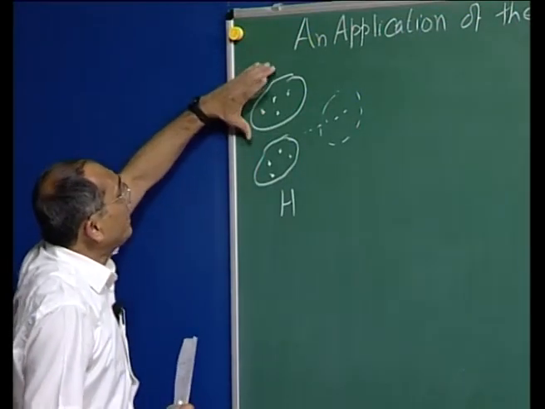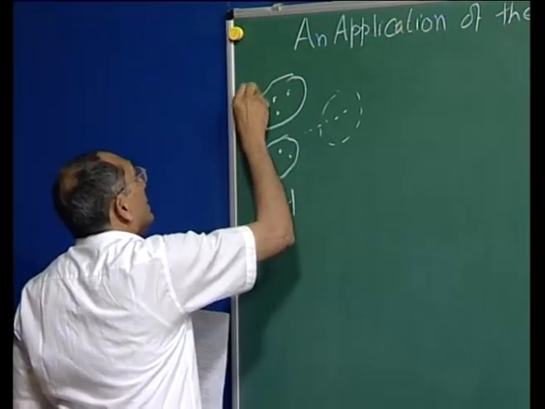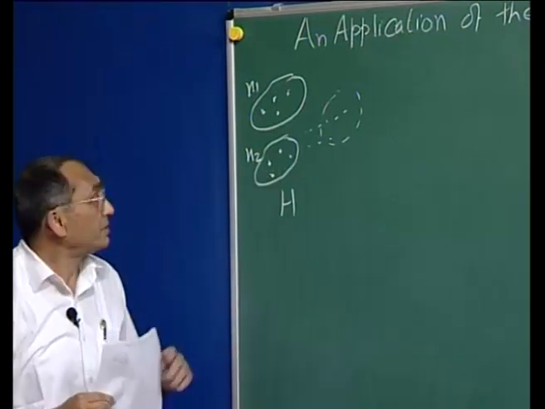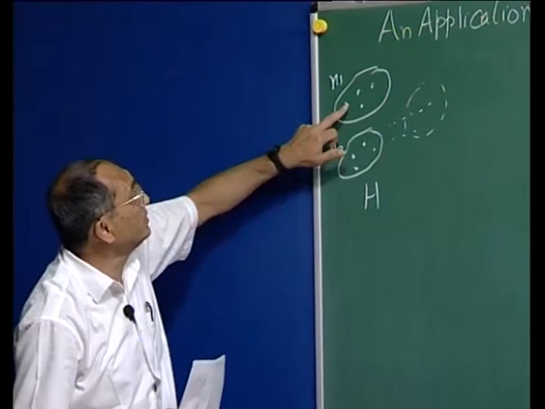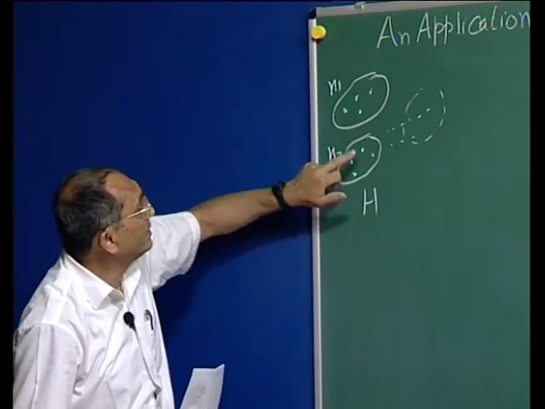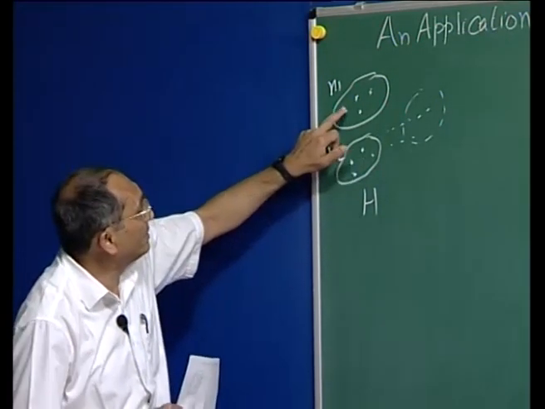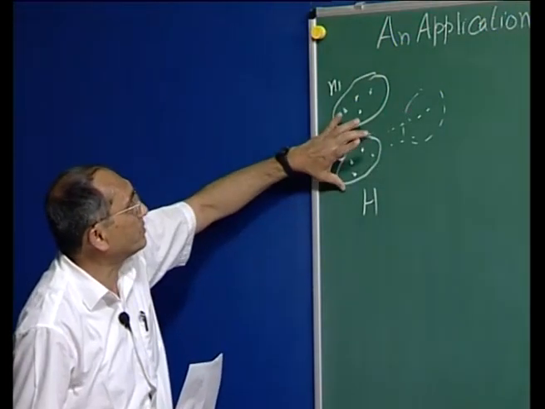Then the number of vertices may be, let us suppose, n1, n2 and so on in each of the connected parts. Notice that a connected component means that there is no edge going from here to this, or there is no path from here to here, or from here to any other component. There is no edge going outside this, there is no edge going outside this, and so on.